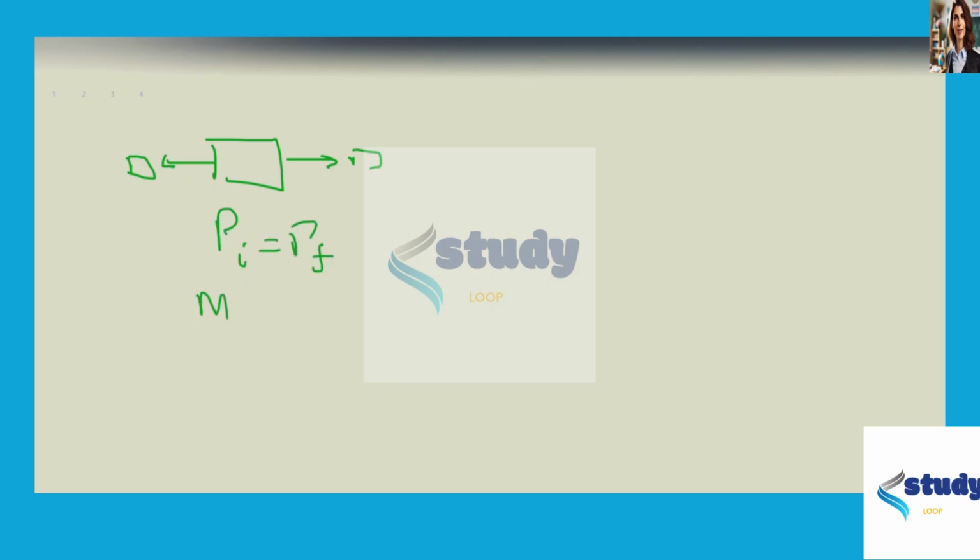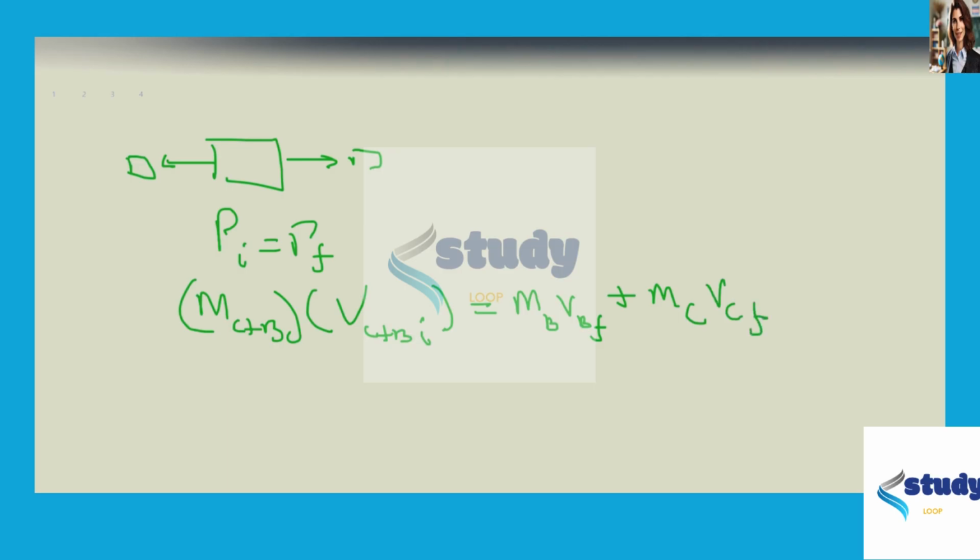So mass of car plus block times initial velocity of car plus block equals the mass of the block times the final velocity of the block plus the mass of the car times the final velocity of the car.